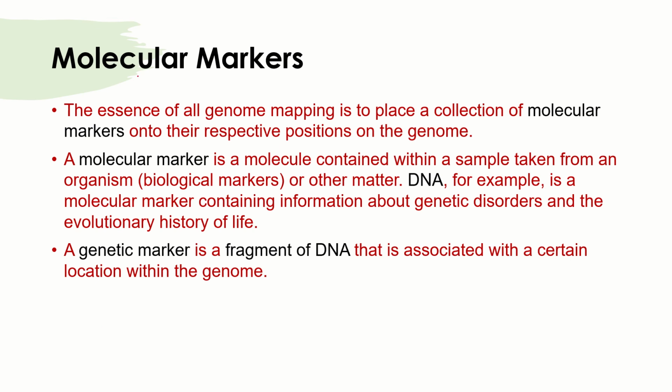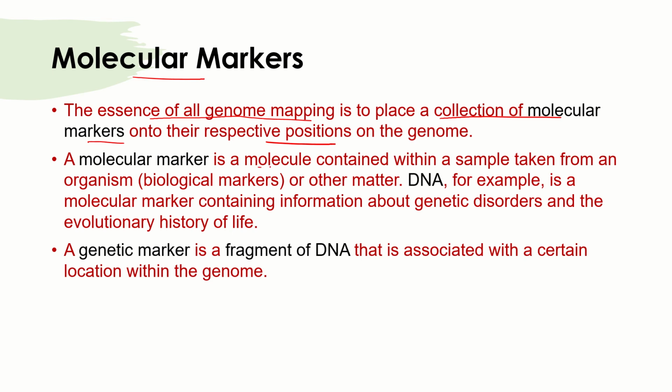So now coming to the molecular marker: for preparing any kind of genetic map, you first need to have molecular markers. That is the main essence of all genome mapping. That is, you should have a collection of molecular markers in the genome. You should know about the positions of those in the genome. Now, what is a molecular marker?